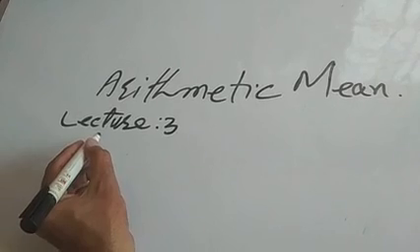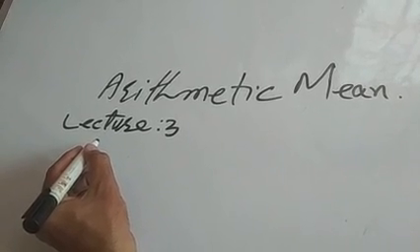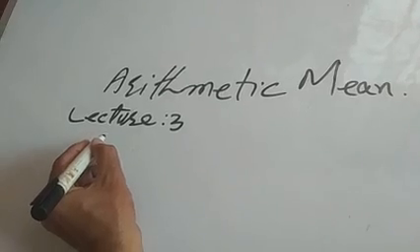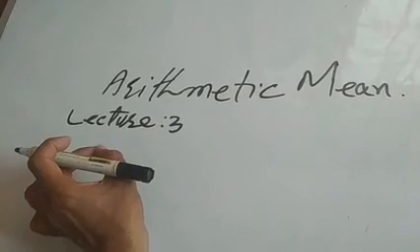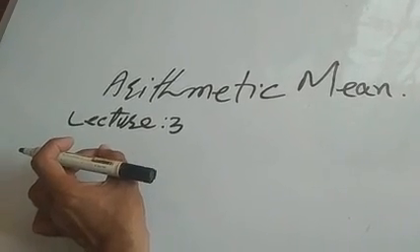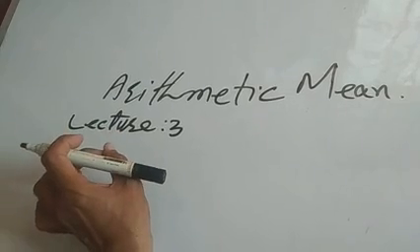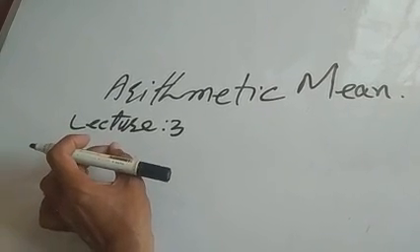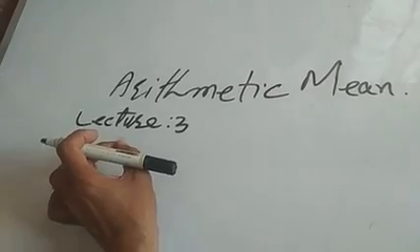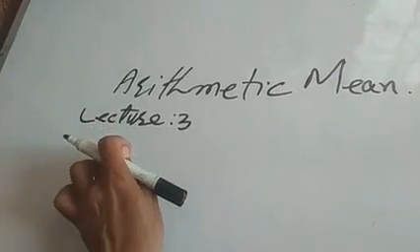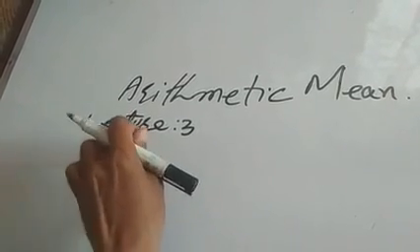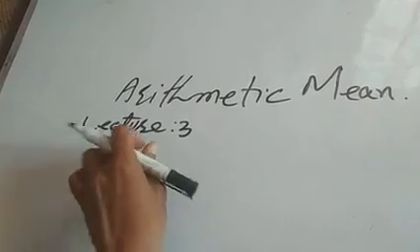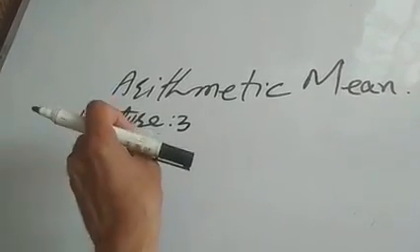I hope you have gone through the previous videos on arithmetic mean, in which we discussed how to find the arithmetic mean in different series, whether individual series or ungrouped data, or grouped data, whether discrete or continuous. But so far, in two lectures, we have only discussed how to find the arithmetic mean in discrete series and individual series, using the direct method and the shortcut method.